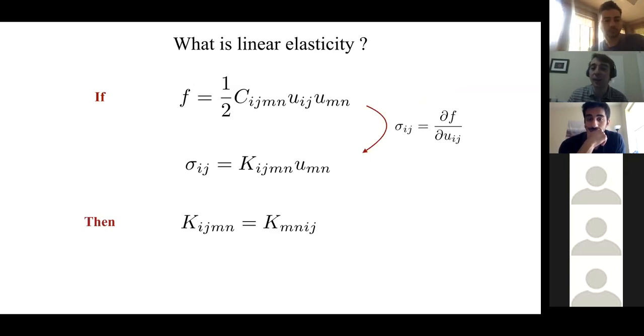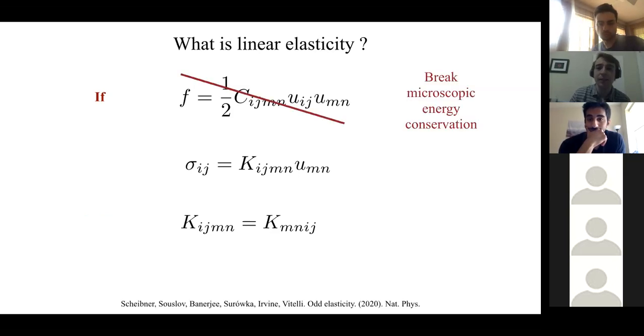K_ijmn equals K_mnij. But for an active solid, this is not necessarily the case. Because the individual components have an internal source of energy, we can't necessarily start from the assumption that a potential exists.